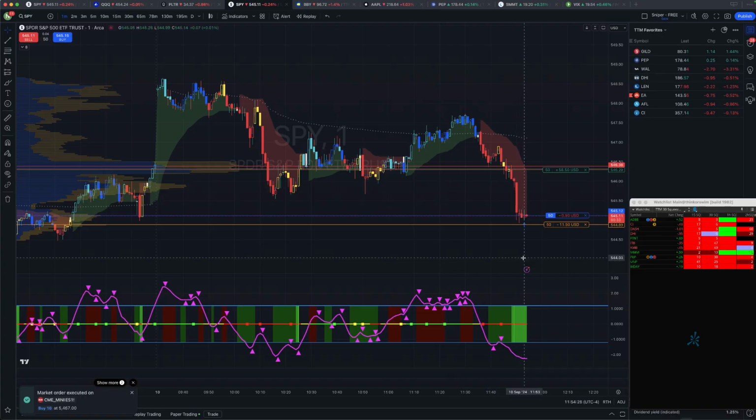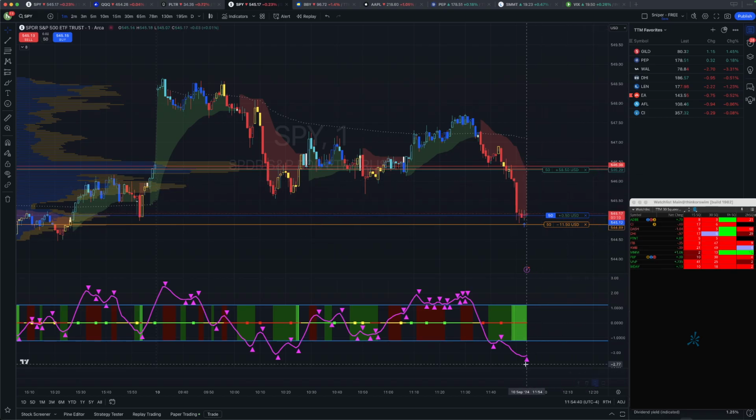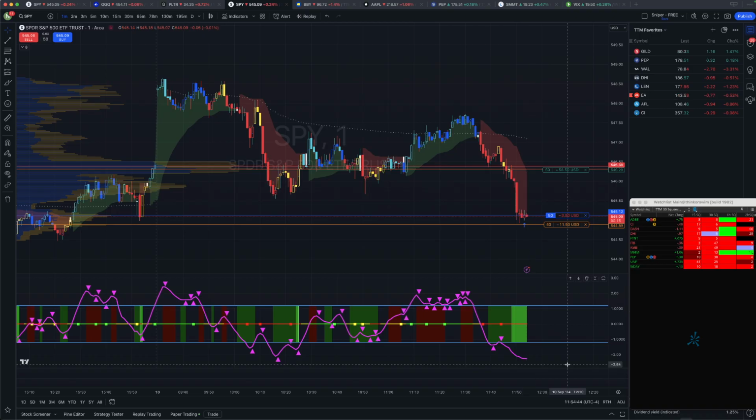Right? So here we have a 1 minute SPY. We have to wait for this candle to close. I'm already in it, so I front ran it, but that was just for an example. And this is not real money, right? This is paper trading. We're starting to get a signal here, but we have to wait for that candle to close. You can see that signal just went away.